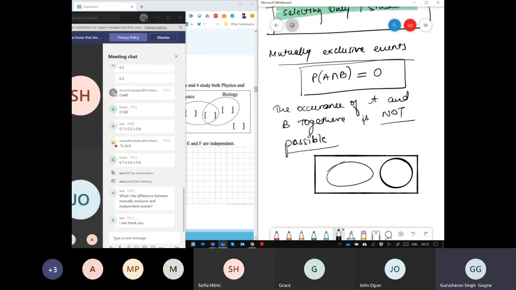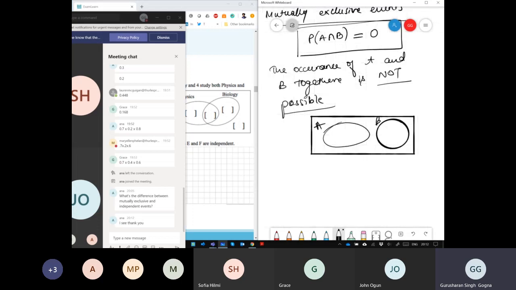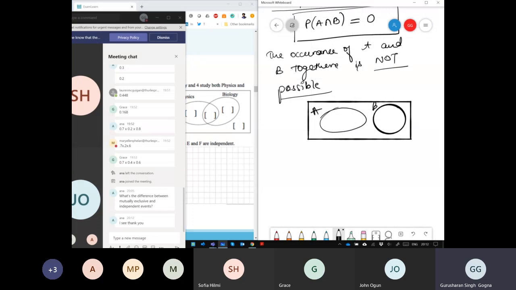So something like this. This is A and B, but there is no common connection between them. Okay, so that's the definition of mutually exclusive events. Simple mathematical definition. There is nothing common between them. They cannot occur together. But I have one question now. What is an exhaustive event?